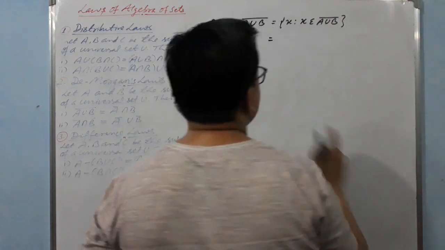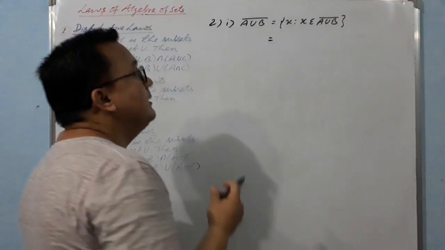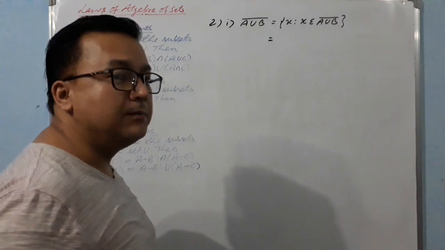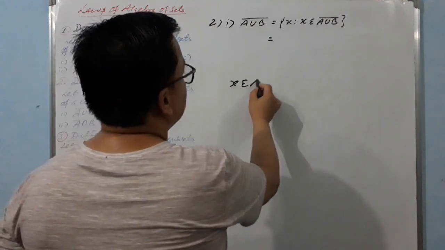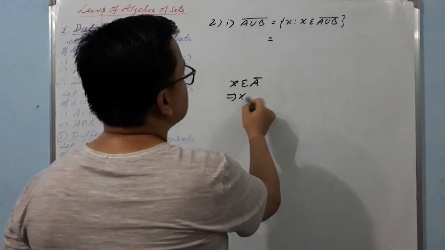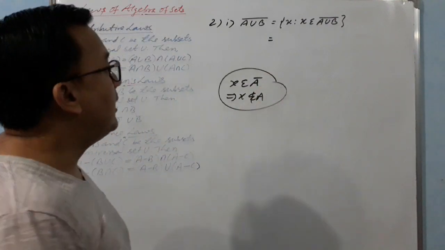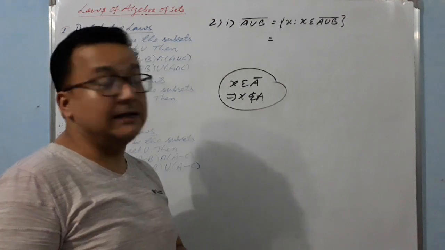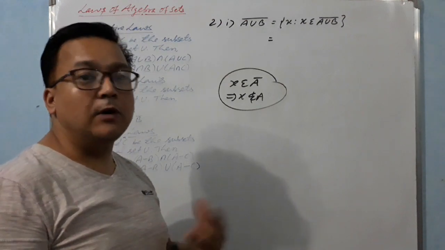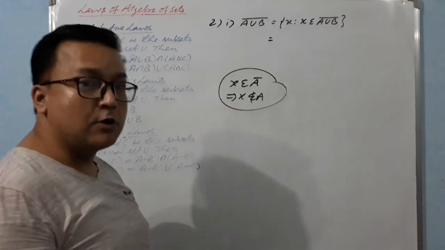Now, there is one property in complement. If x belongs to A complement, this implies x does not belong to A. Definitely it's true, because complement means elements of U that do not belong to A. That is called the A complement set.